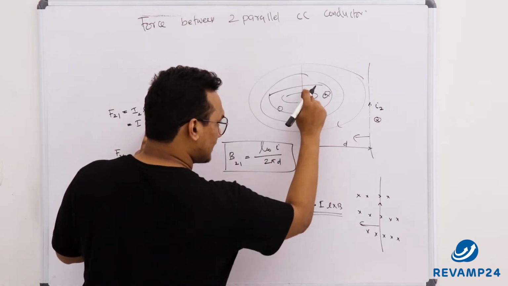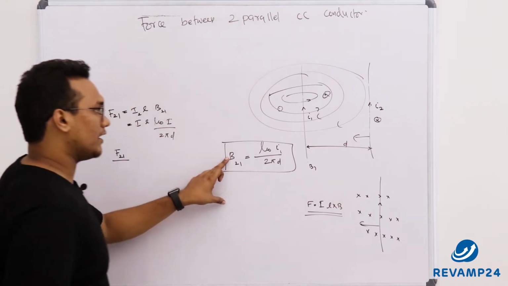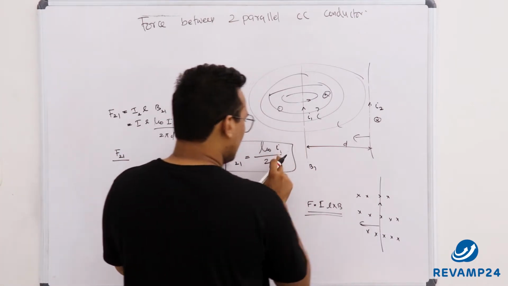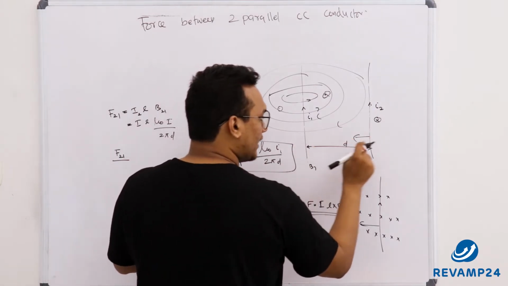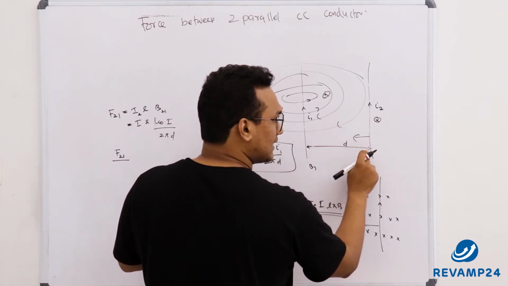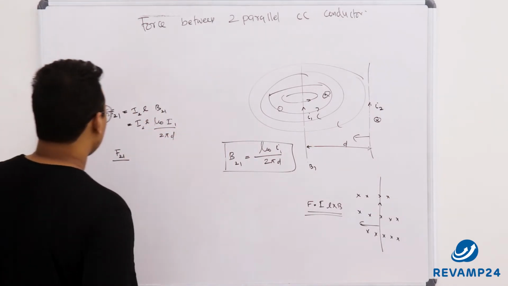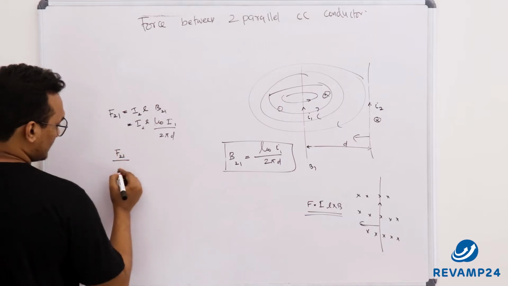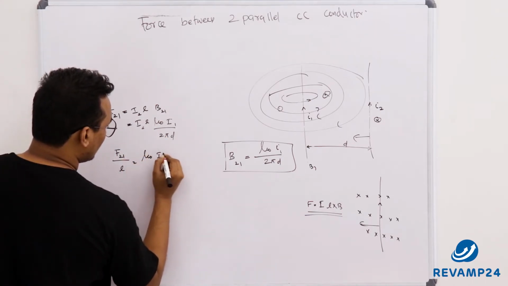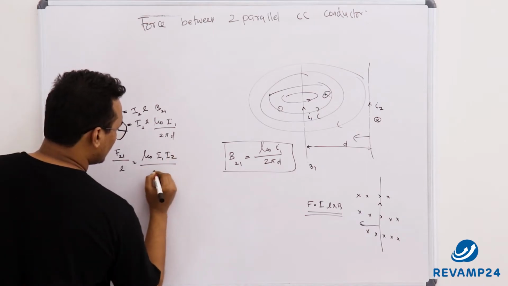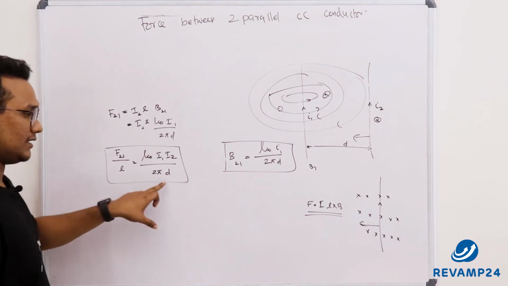Here the magnetic field is created by I1, and that magnetic field is exerting a force on I2. So this will be I2, this will be I1, and the length I'll keep here. So what is the equation? Mu 0 I1 I2 divided by 2 pi d.